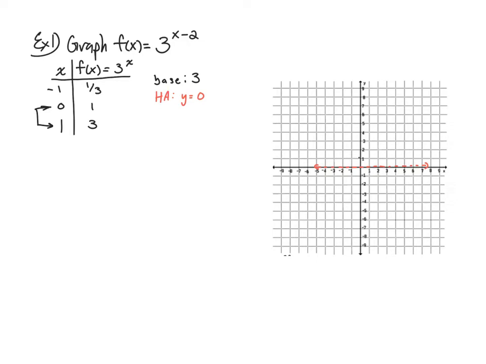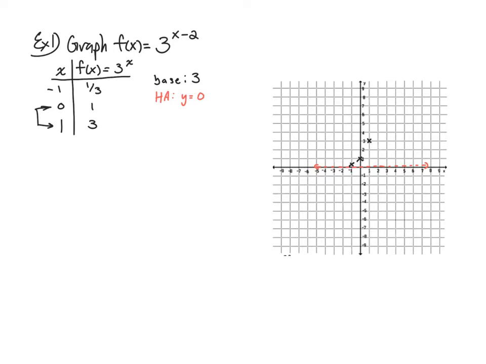So 0, 1 is right here, 1, 3 is right here, and then the other point, whatever ordered pair has a fraction with it, you'll just go over the correct amount. So in this case we'll go to the left 1. And then on the graph over here, we'll just put it really close to the horizontal asymptote. So this point right here is just going to be close to the horizontal asymptote the whole time.